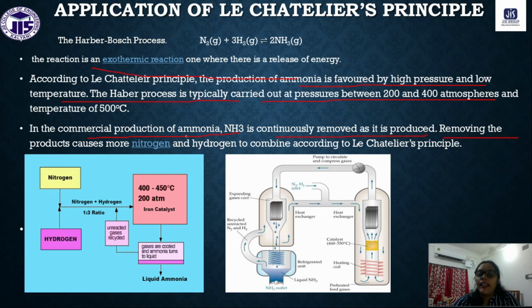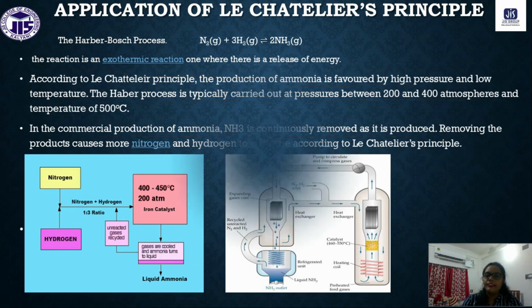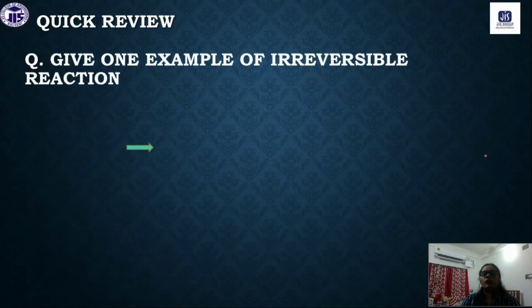So that is why the ammonia is continuously removed as it is produced. This is according to the Le Chatelier principle. So this is all about the Le Chatelier principle and the Haber process, and we have also seen the application of the Le Chatelier principle in the Haber process.